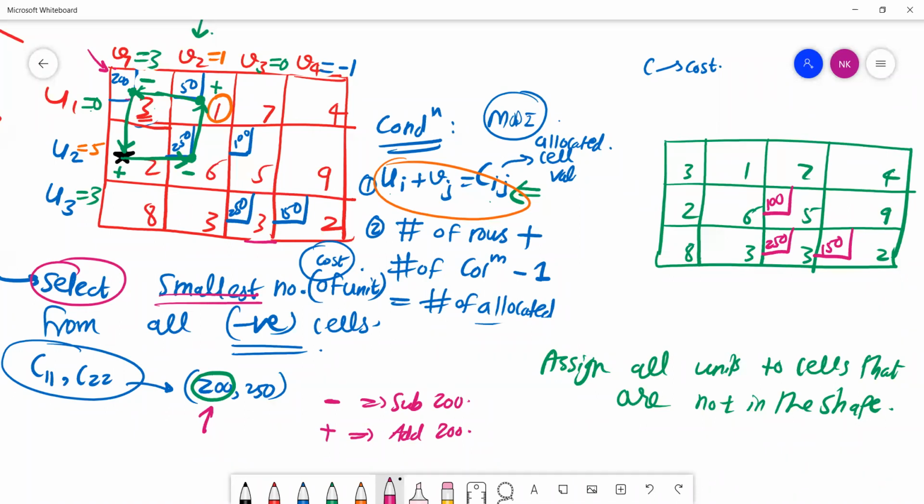Next is over here, plus. Since there is no unit where there is a star, I assume it to be 0, because whenever there is a star on a location, I am not writing any number of units. So over here it will be 0 by default. So 0 plus 200, so it will be 200.